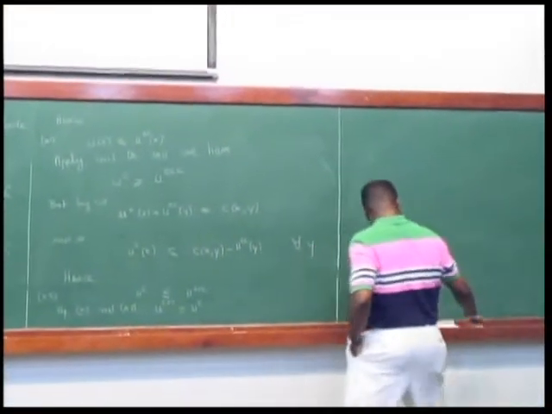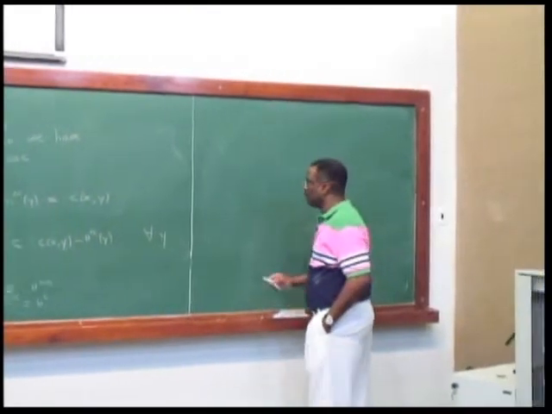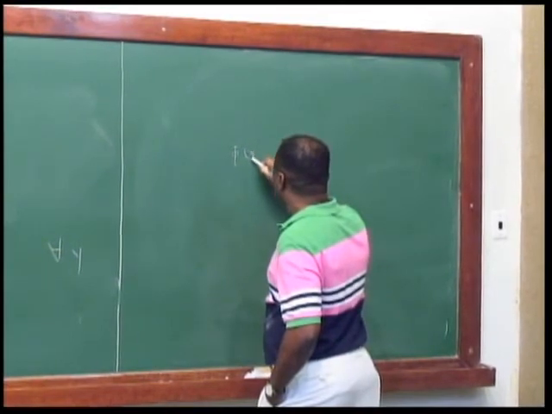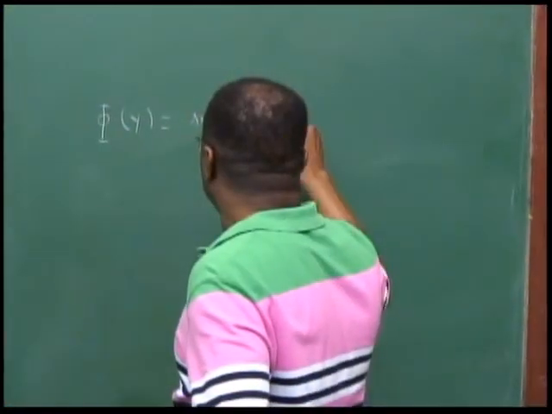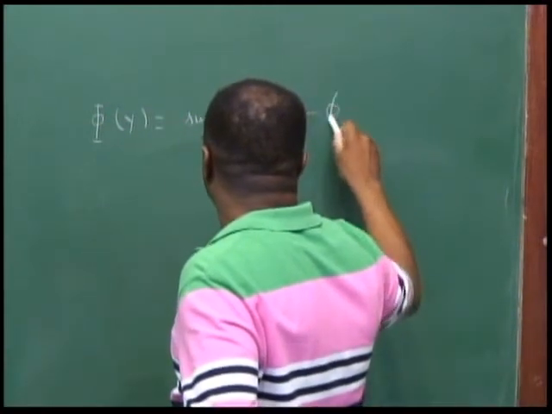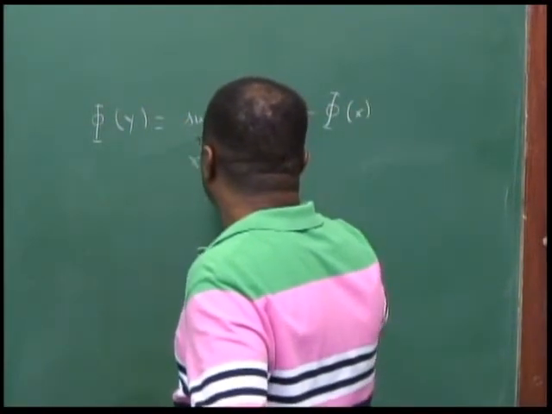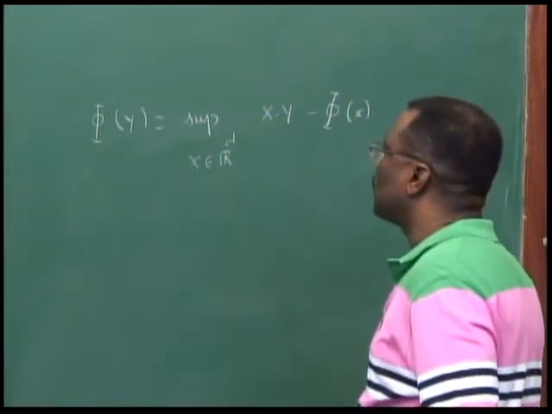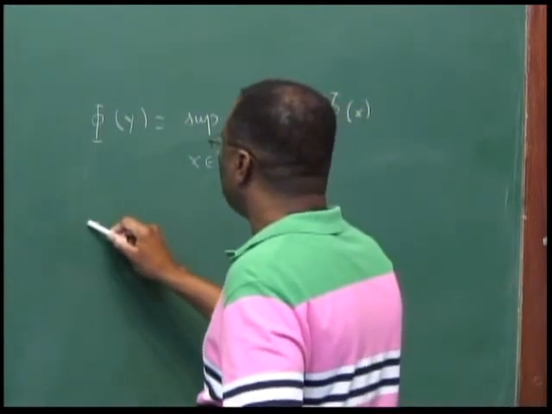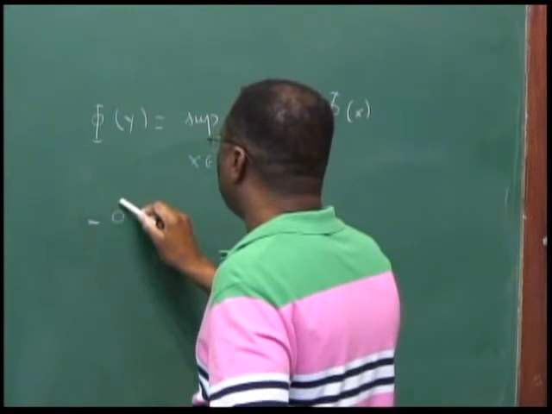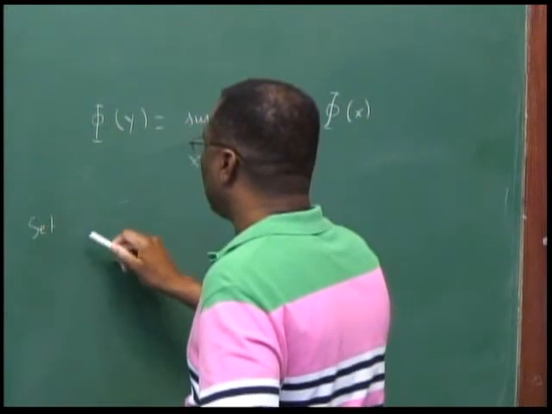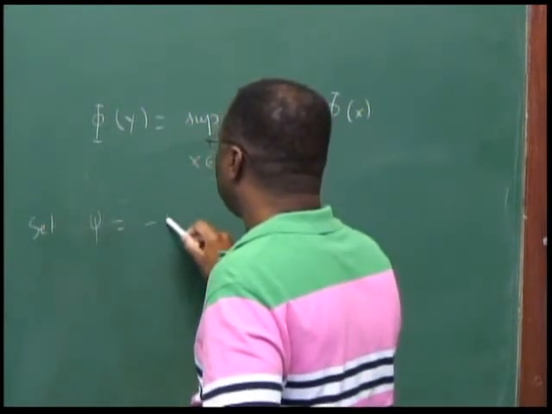So what Vladimir is referring to is, if you have a function phi, the Legendre transform is defined to be the supremum of xy minus phi of x, x in R^d. So set psi to be negative phi.